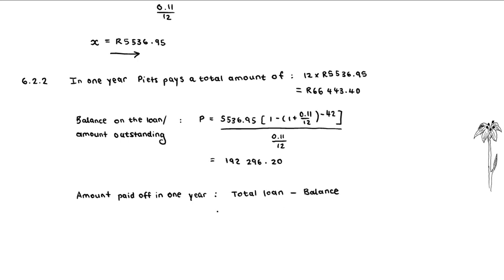In total he took out 235,000, and the balance is 192,296.20. So in 1 year he's only paid off 42,703 rand and 80 cents.